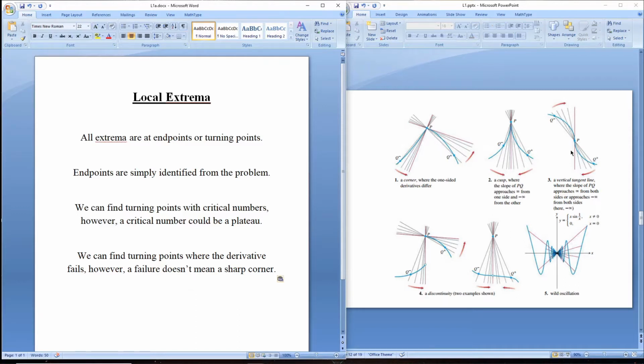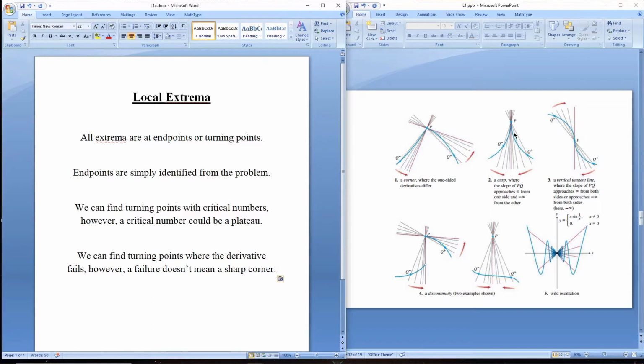And this third picture here, a vertical tangent, this is where the slope is going straight up a vertical line, so a slope of infinity, you could say, even though technically we would say that doesn't exist. But a vertical tangent is also where the derivative fails. So we could be looking for where the derivative fails, and we might get a vertical tangent and not a turning point.